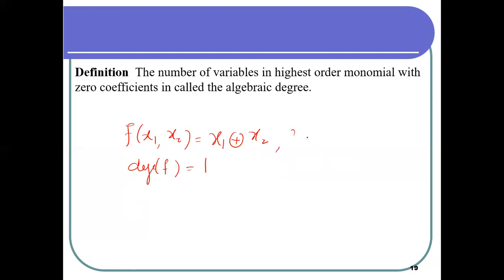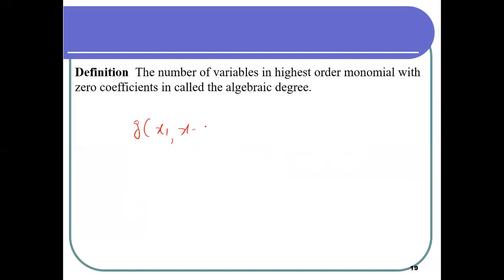If I take g as x1 XOR x2 x3, the degree of g will be 2, because the product term here has two variables. So the highest order monomial here is 2, and the degree of g is 2.